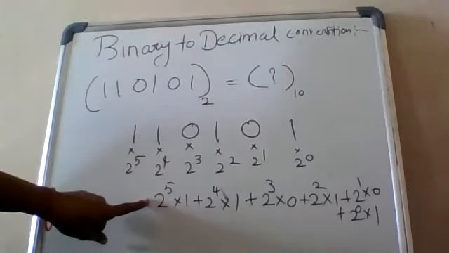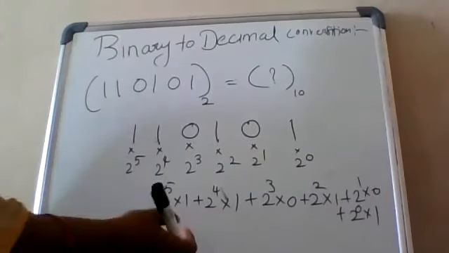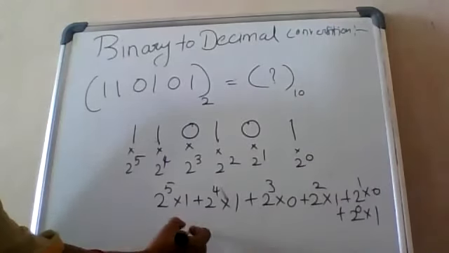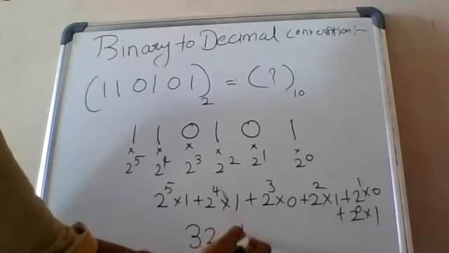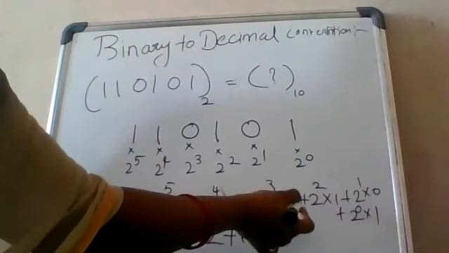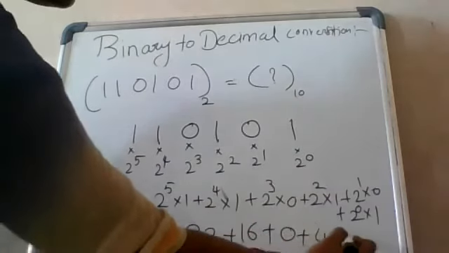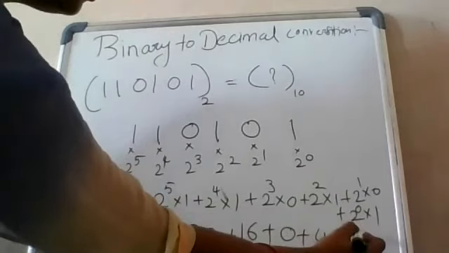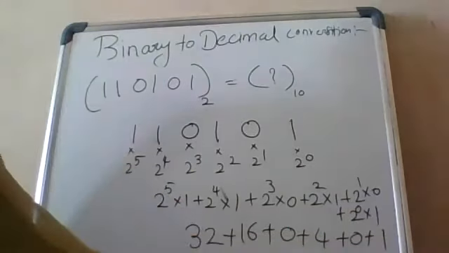What is the value of 2 power 5? 32. Plus 2 power 4? 16. 2 power 3 into 0? 0. Plus 2 power 2 value? 4. Plus 2 power 1 into 0? 0. Plus 2 power 0 value? 1. 1 into 1? 1.